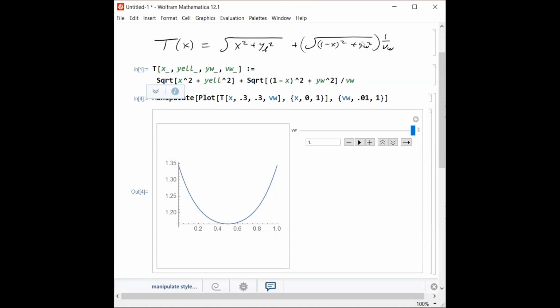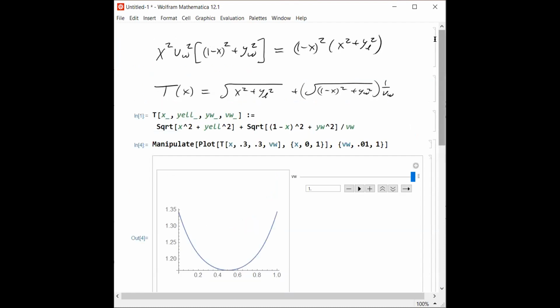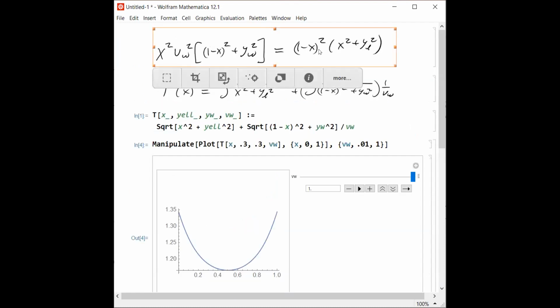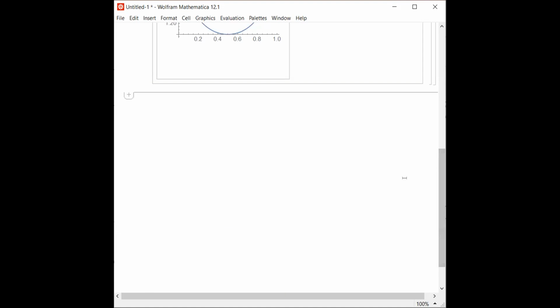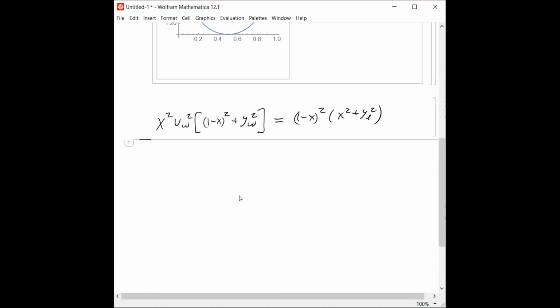Now, the next one is, we want to actually find the critical point. So I'm going to just copy this down below so I can see it again. So I'm going to let time of x be a function of not just x, of dw. Let's see what was used. YL, YW, and VW.